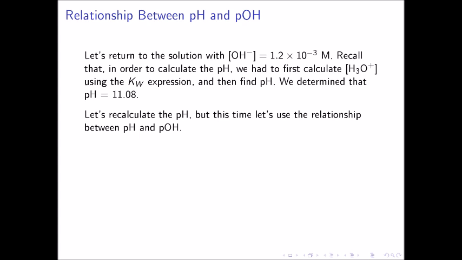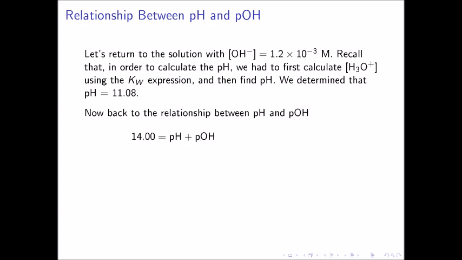Let's recalculate the pH. This time let's use the relationship between pH and pOH. First, we begin with our definition of pOH, the negative log of the concentration of hydroxide ion. We substitute in the value, giving negative log of 1.2 times 10 to the negative 3, and this gives a pOH value of 2.92. Now we can use the relationship between pH and pOH.